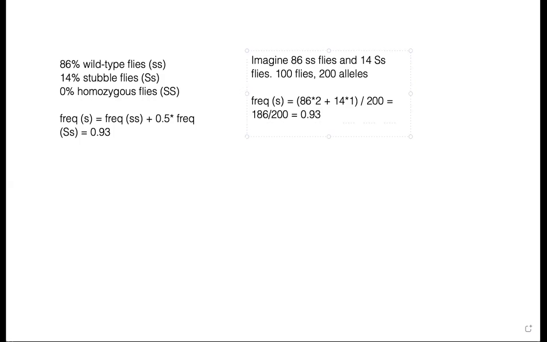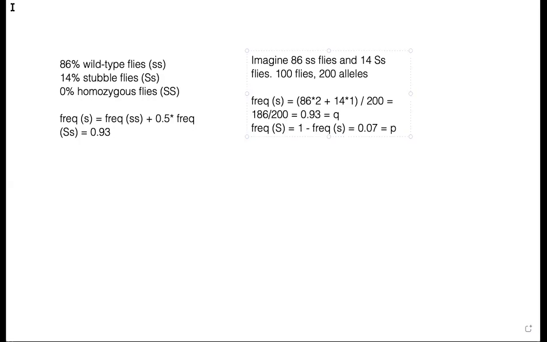Right. And then, of course, the frequency of the big S allele is just 1 minus the frequency of the little s allele. That's going to be equal to 0.07. All right, so we can call that 0.07 p and that 0.93 q.